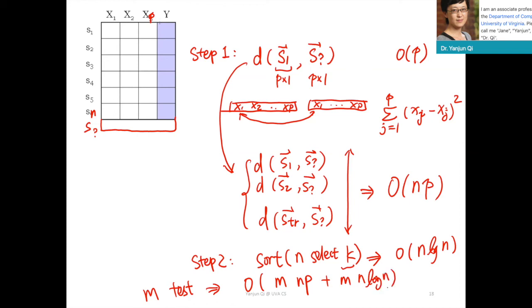Actually, you can do a little bit faster than this n log n, but let me just put a naive version here. So this is actually extremely computationally costly. And the bad thing is, the more you use this algorithm, the more costly. So this means it's computationally very heavy in the inference stage, or in the deployment stage.